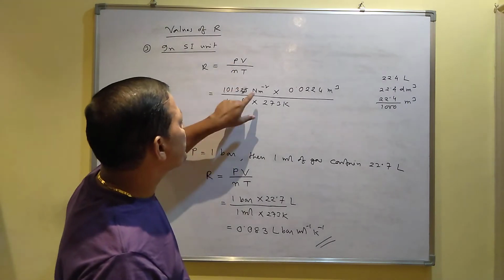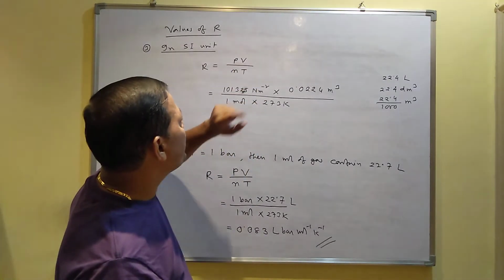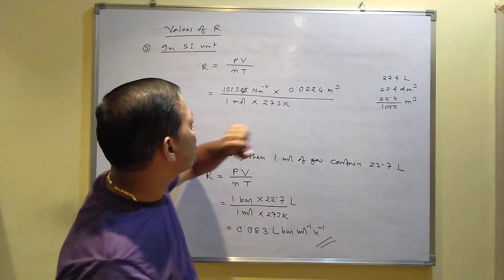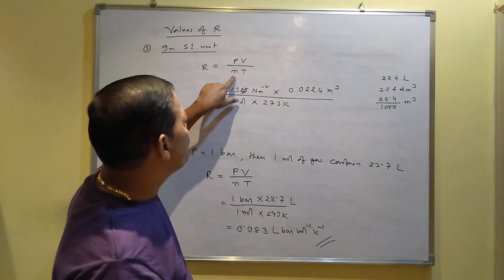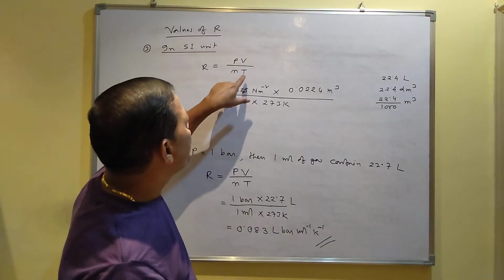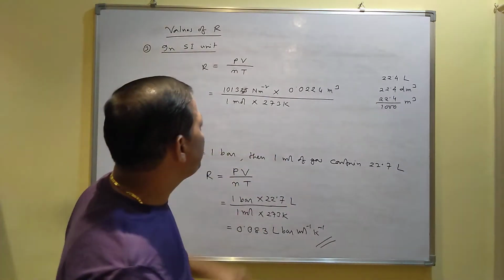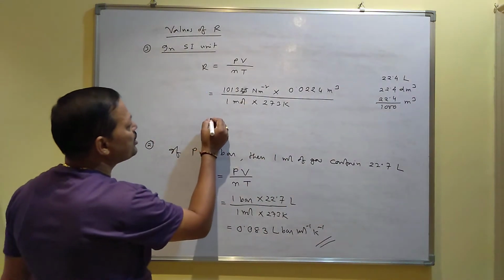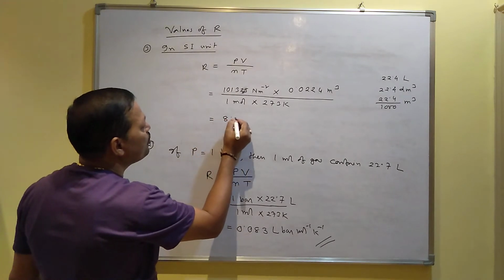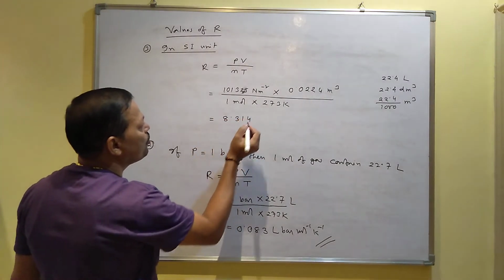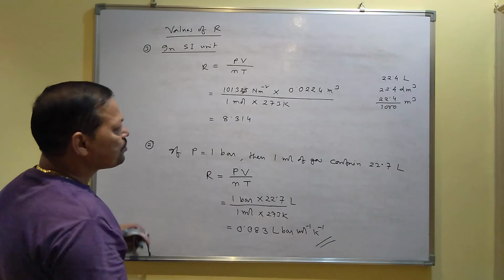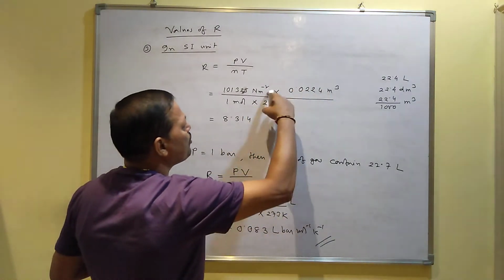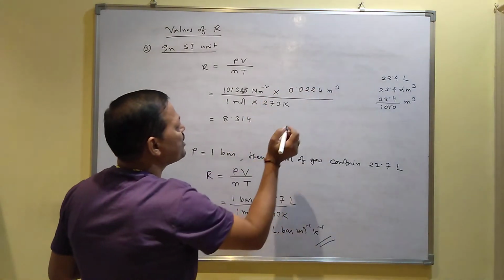So I converted all the units to SI. SI unit of pressure is Pascal, I mean Newton per meter square. SI unit of volume is meter cube. Unit of mole is mole, and the SI unit of temperature is Kelvin. After putting all these values and doing the calculation, you will get the value 8.314. Meter square per meter square cancels.